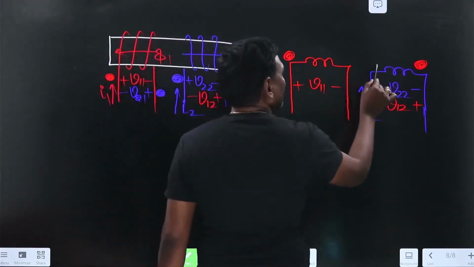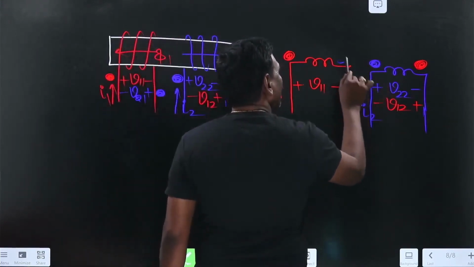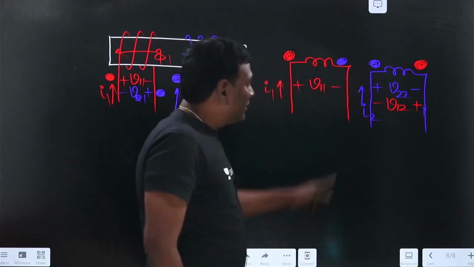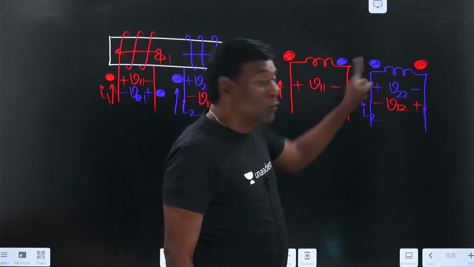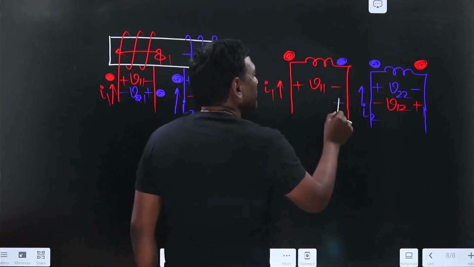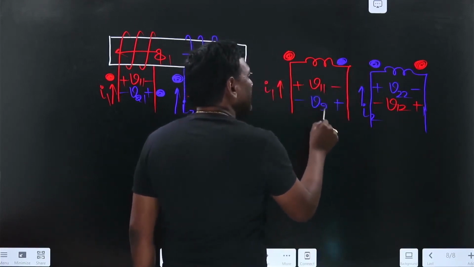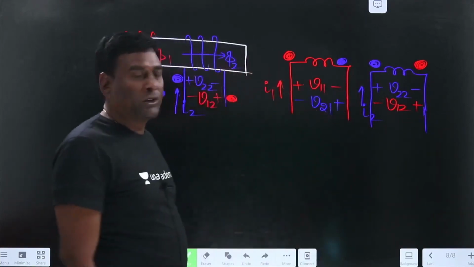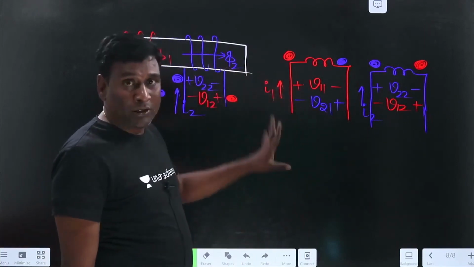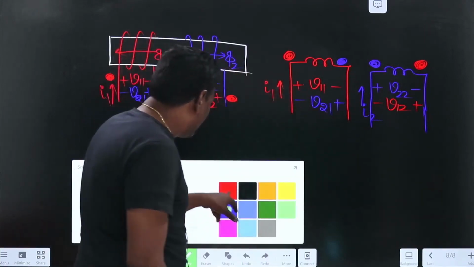Now if I keep the dot here, dot here, my blue current is entering into the dot, so blue is going to be positive, negative. This is going to be V because of 2 in 1. So if I consider both the dots, or else let us see by considering only one dot.